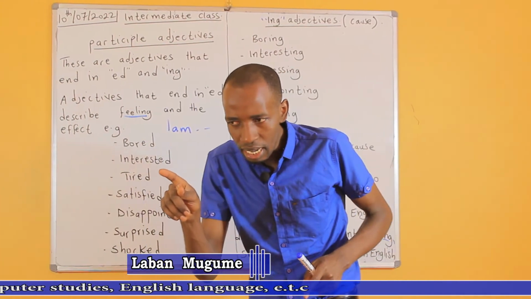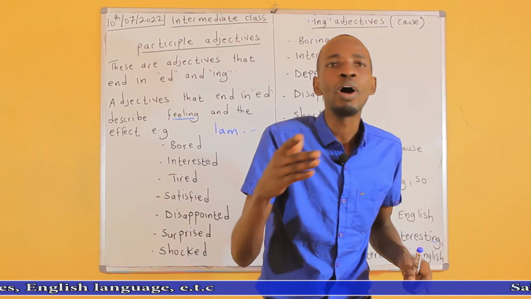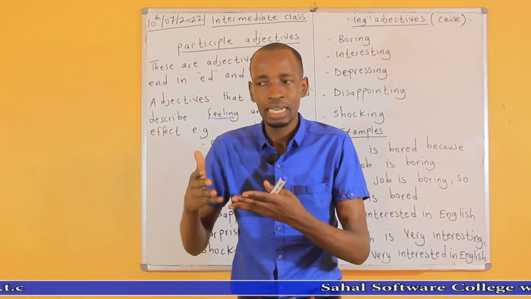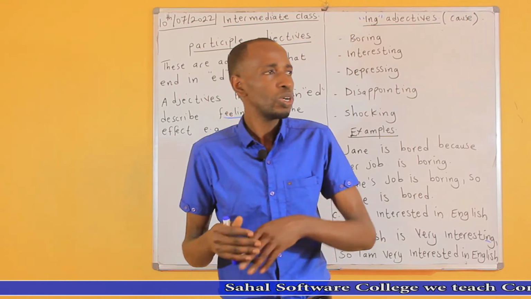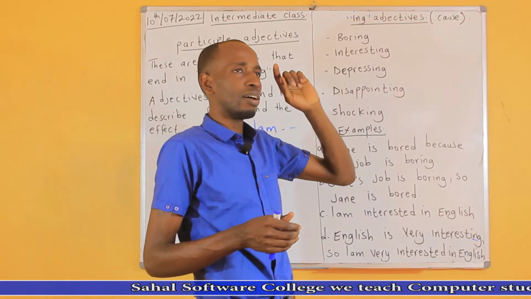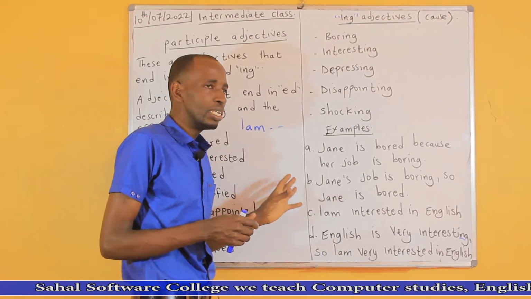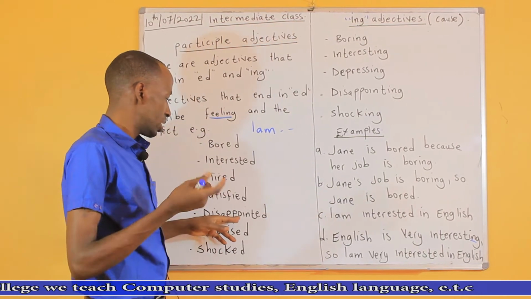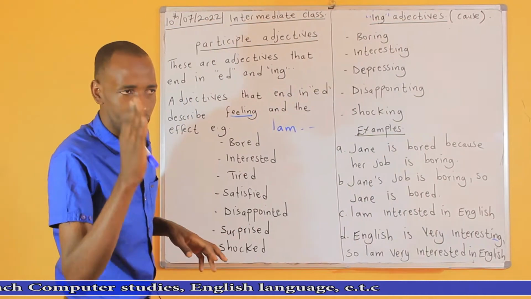Don't deal with that girl. Don't deal with that man. Why? Because he is a disappointing man. She is a disappointing woman. So he is a disappointing friend. It means that person, his character likes to cheat, likes to not tell the truth.